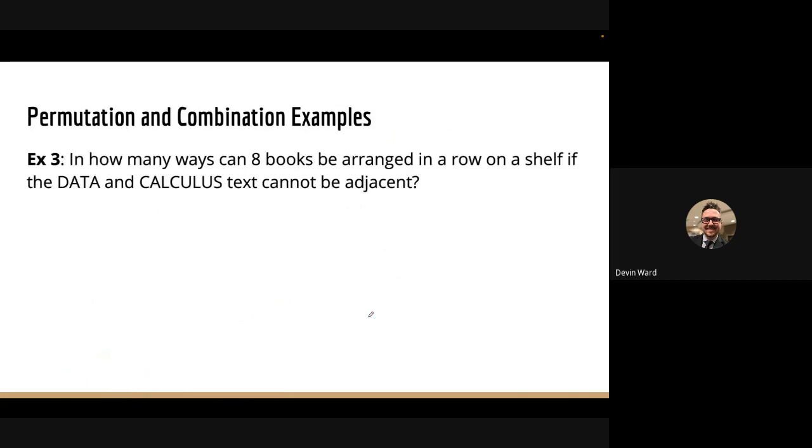Okay, question number 3. How many different ways can 8 books be arranged in a row on a shelf if the data and calculus textbook cannot be adjacent? Okay, so remember, these are similar to permutation questions we already did before. These are permutations because the order on the shelf matters.